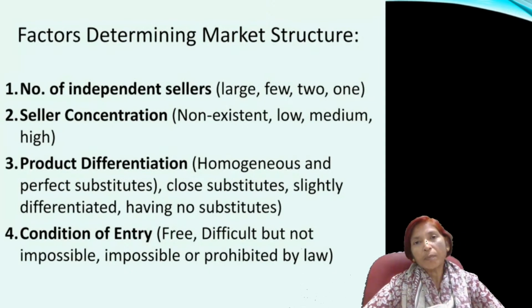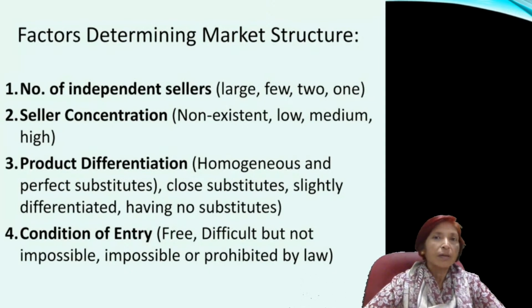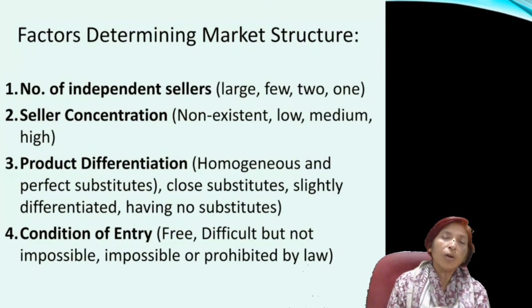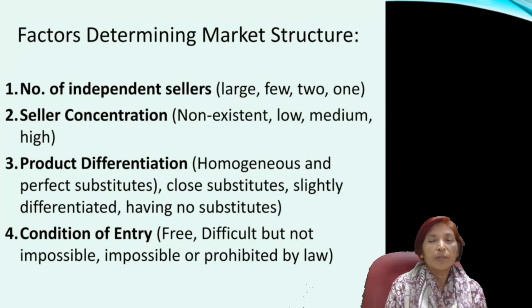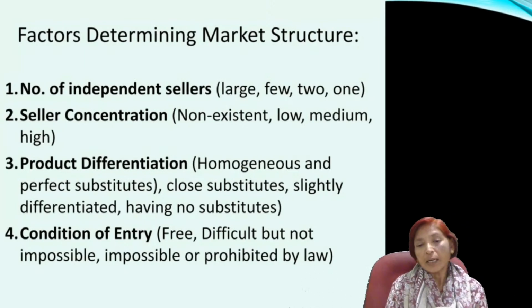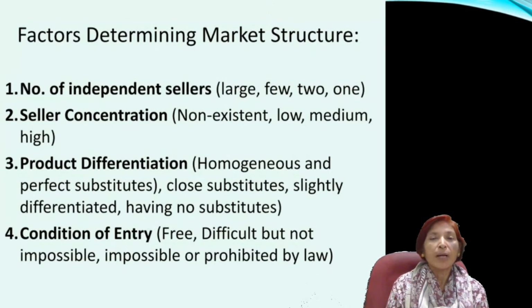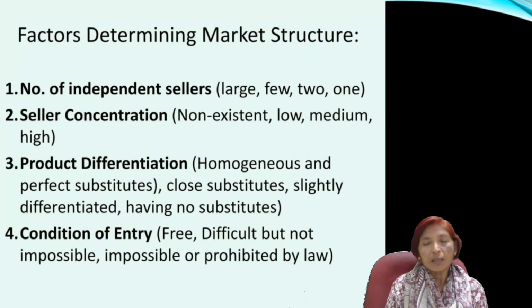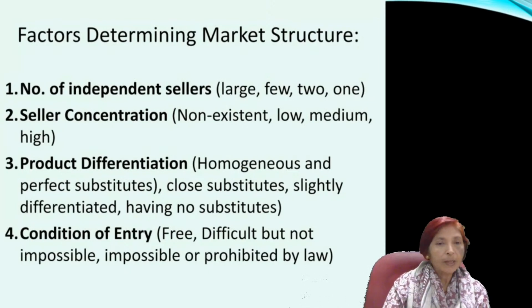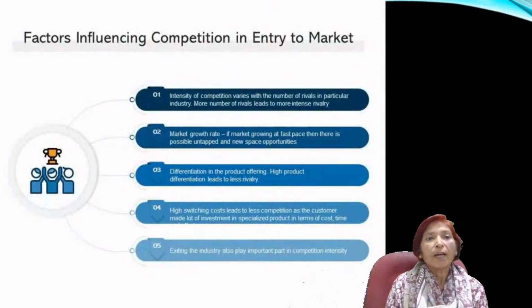In monopolistic competition market, there is still fully freedom exists in this market, and in oligopoly market there is some restrictions or barriers exist in entry and exit. So it is impossible to enter or exit from the market. Now next is factors influencing competition in entry to market.